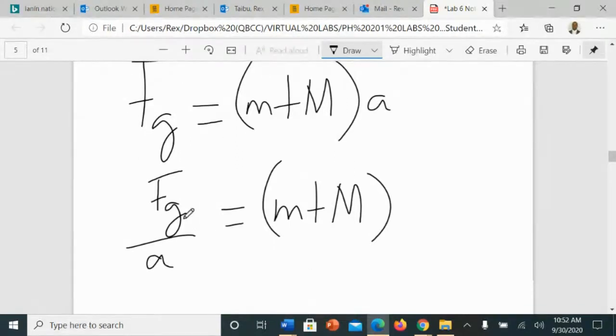And Fg was on the y-axis and the acceleration on the x-axis. So if I divide Fg, that's the rise, by the run, acceleration, I get system mass. That's why I said the slope is actually equal to the system mass, according to Newton's second law.